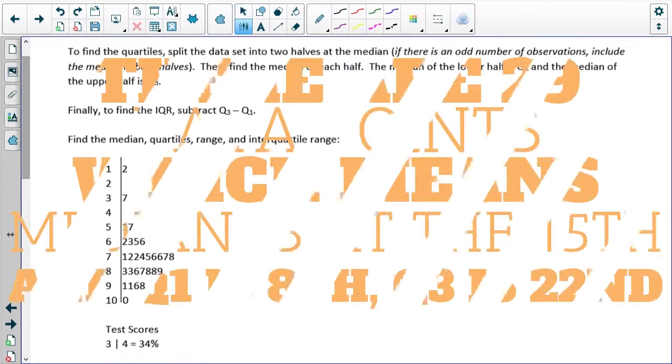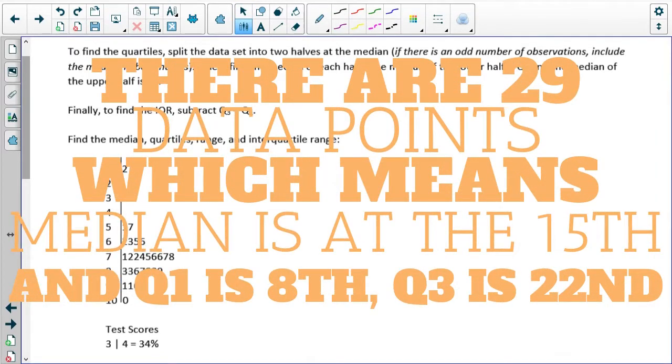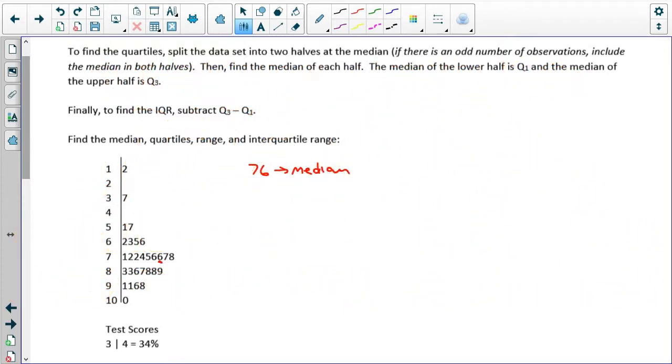So when we look at this test score situation that we had earlier, 76 is the median. I simply counted. It's actually the second 76 that is the 15th value. So 66 is going to be Q1. And 1, 2, 3, 4, 5, 6, 7, 8. 88 is going to be Q3.